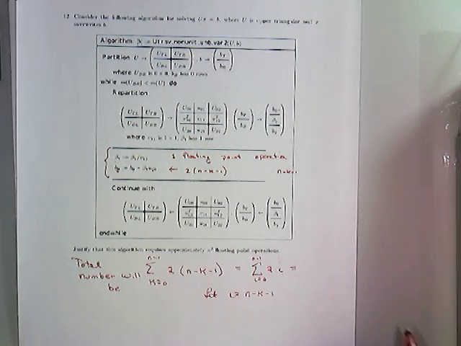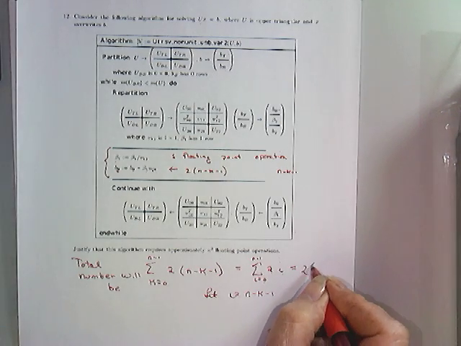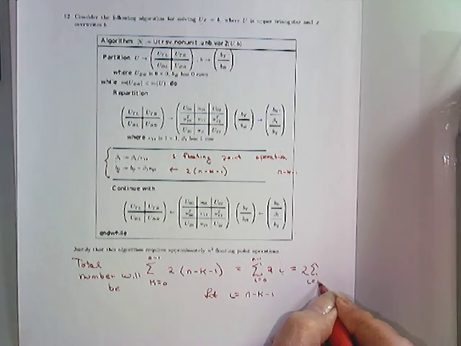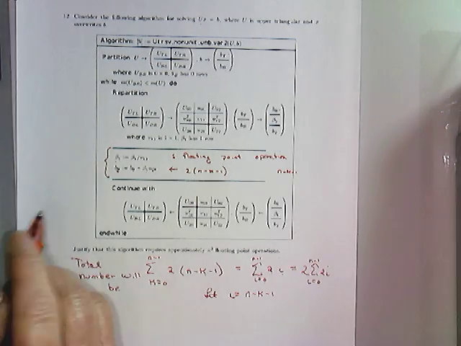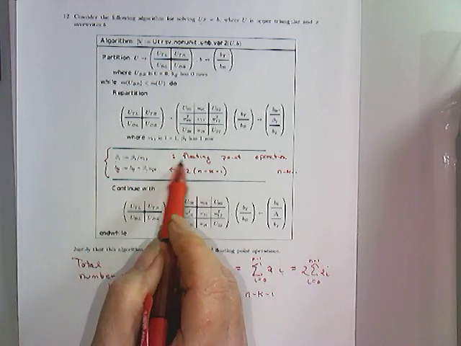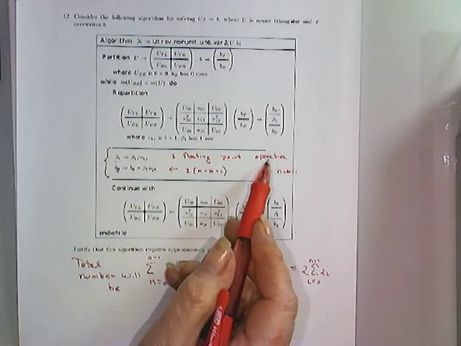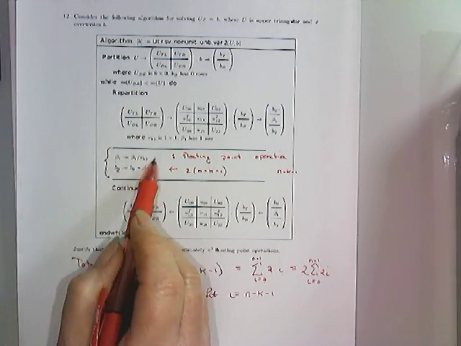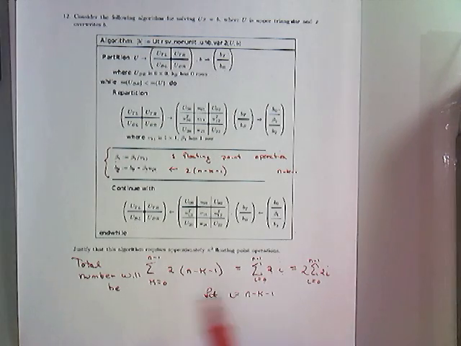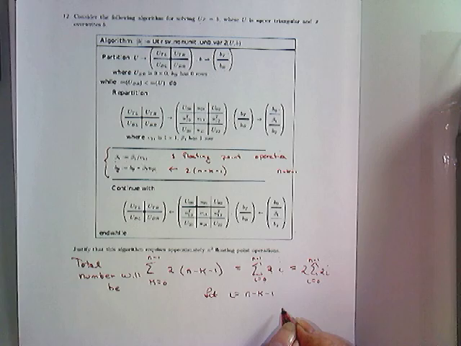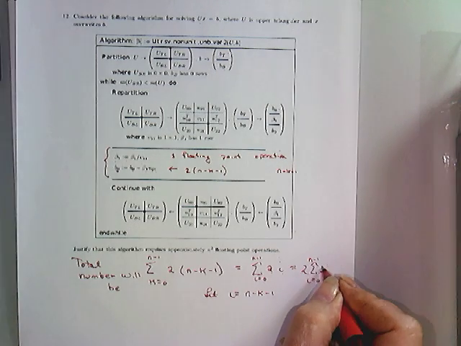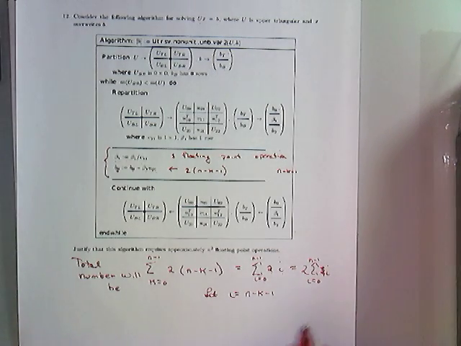And this is just 2 times the sum, i equals 0 to n minus 1, of i. Notice I sort of ignored this one floating point operation because it wasn't really adding very much to the total sum. I factored out the 2.